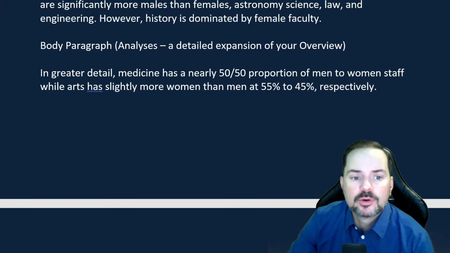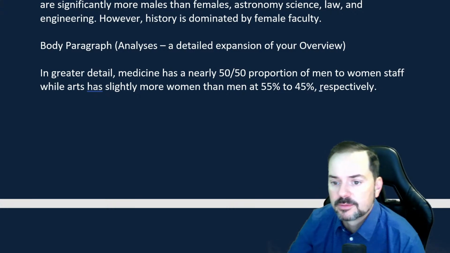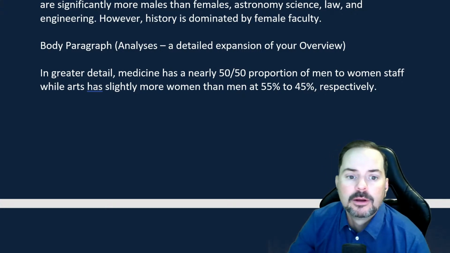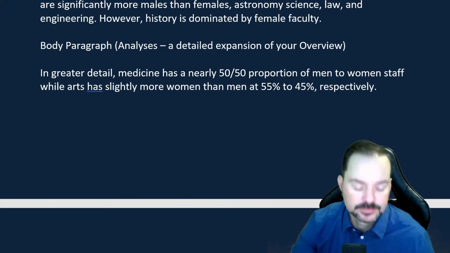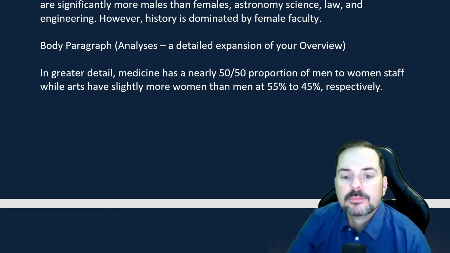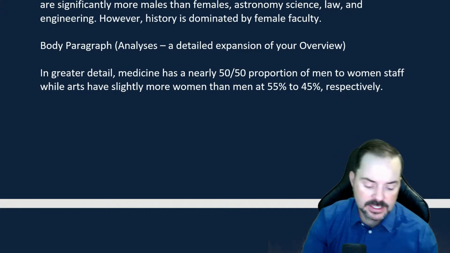Again, the first point was, in greater detail, medicine has a nearly 50-50 proportion of men to women staff, while arts have, because it's arts, it's plural, have slightly more women than men at 55 to 45% respectively.